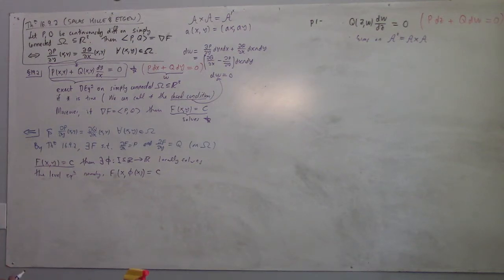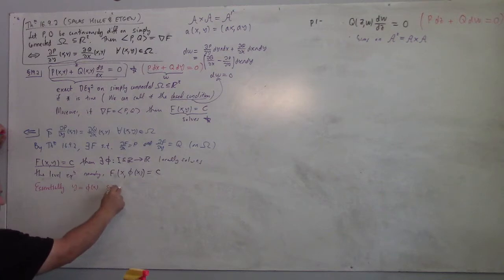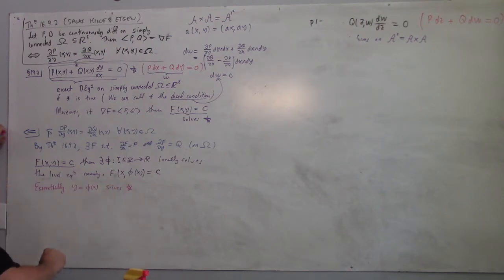So then, if we go back to the star, in this notation, essentially y equals phi of x solves star is the claim, if you want to go back to the world of functions instead of equations.